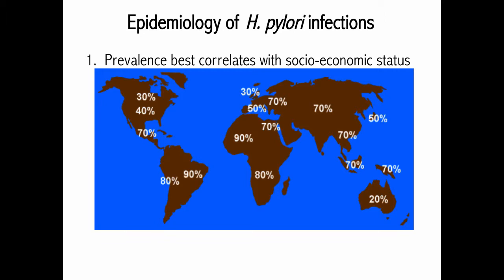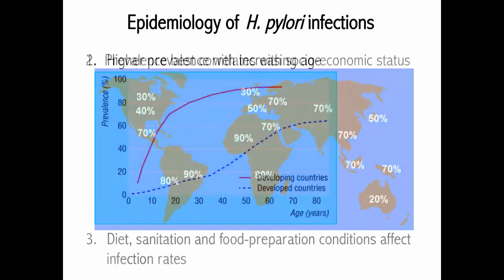And if you go to island nations like the United Kingdom or Australia, you can again see that the prevalence is much lower. So the prevalence is much higher in developing countries, and the other major trend we'll look at in a moment is that prevalence increases with age. So there's our first point.